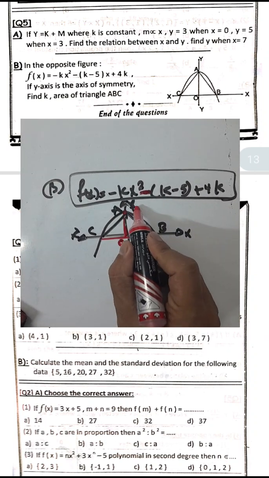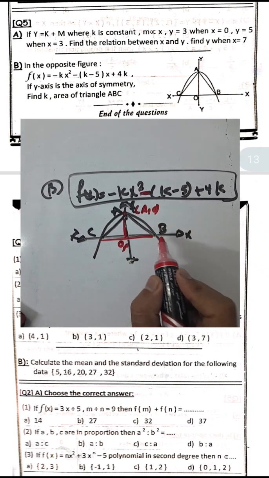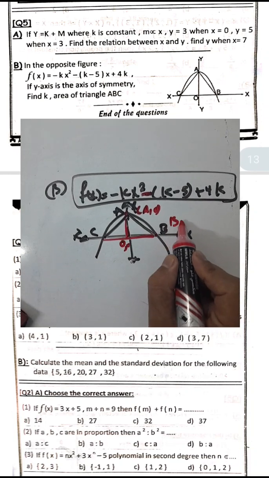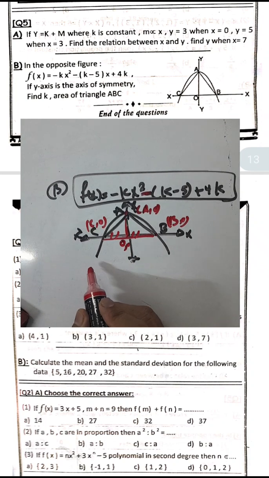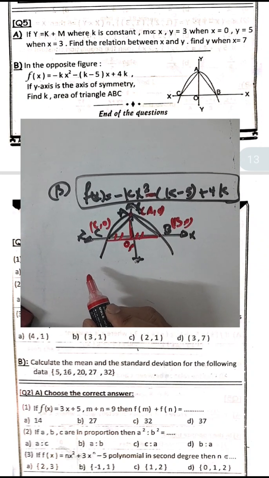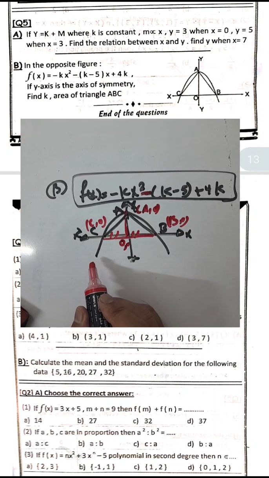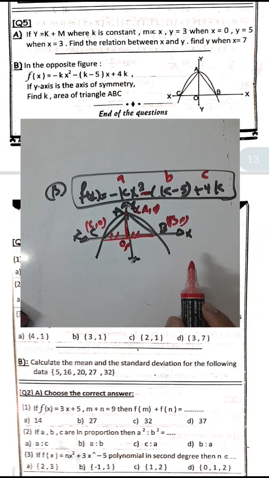This point will be this point A and 0, and we have the points here P and 0 and C and 0. The area equals half times base times height. We have A and P and C in this example.